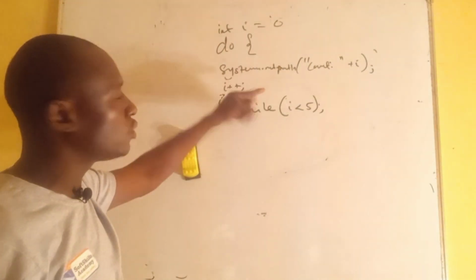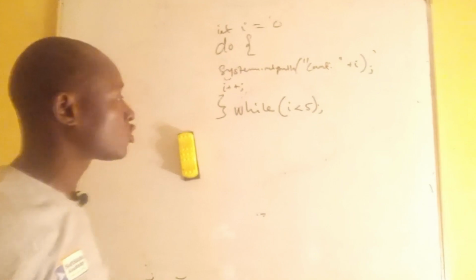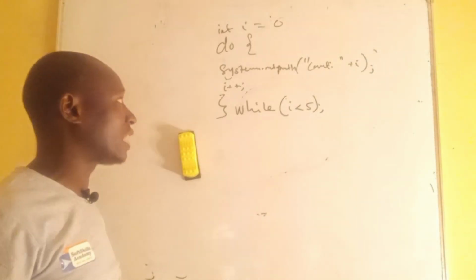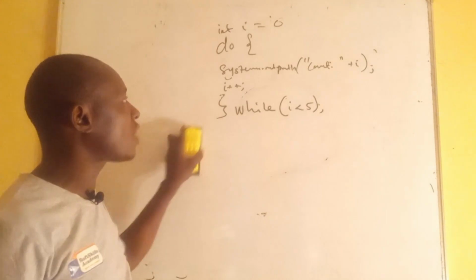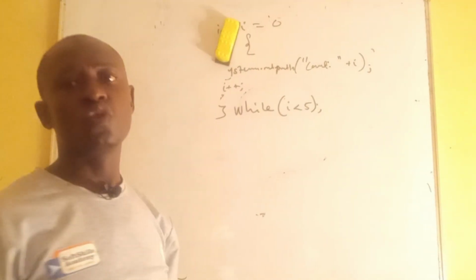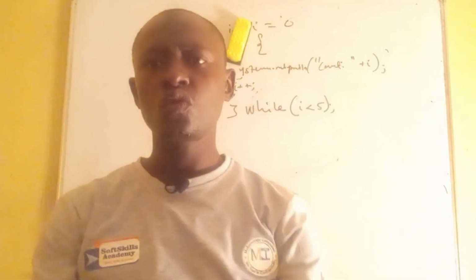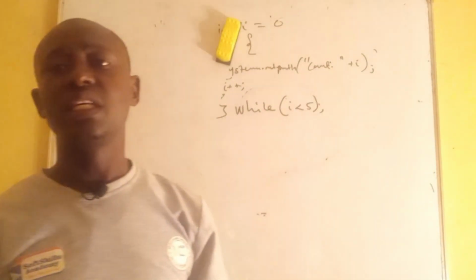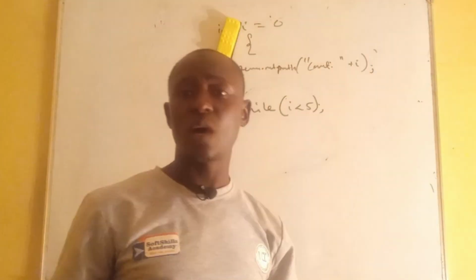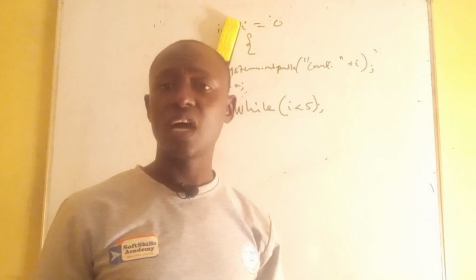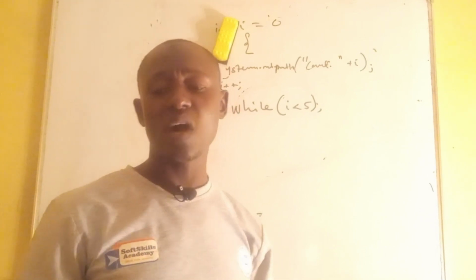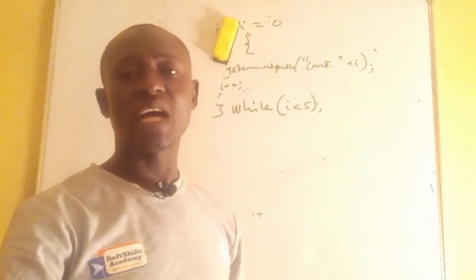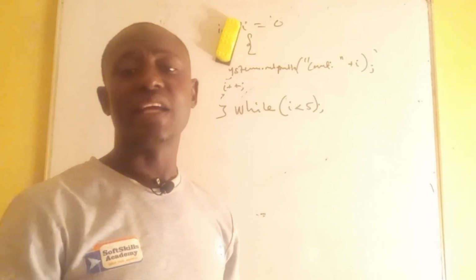It will stop only when this condition is no longer satisfied. So this is the simple way of how you go about your do while loop statement in Java. You remember we have three types of loops in Java: the for loop, the while loop, and the do while loop.